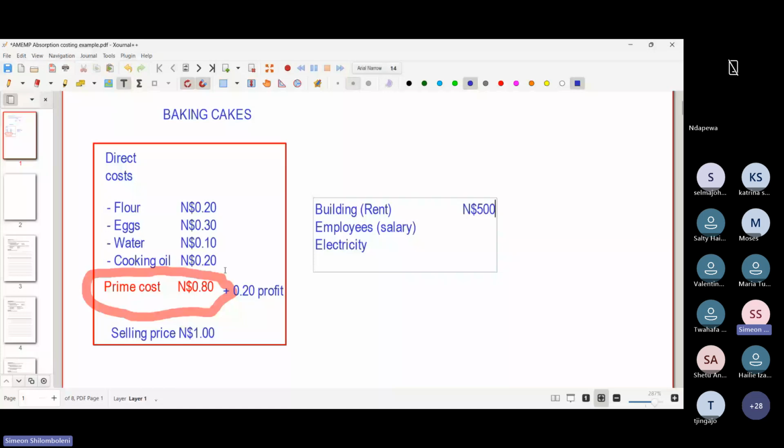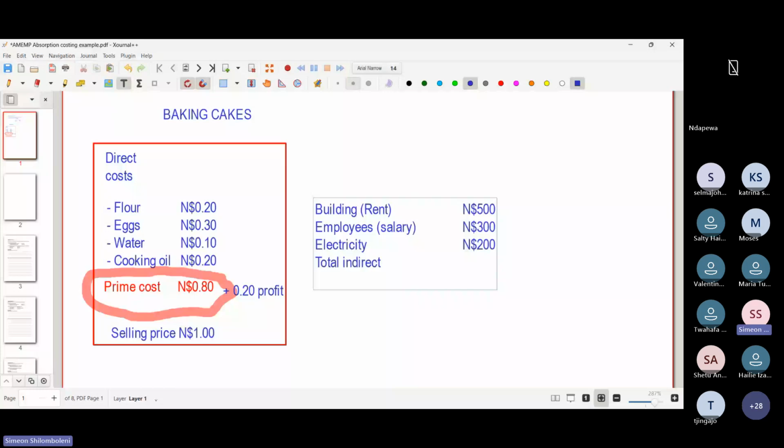The person who is helping you with the cakes, maybe you pay them 300. The electricity, maybe it's 200. So your total indirect costs, we also call them factory overheads, is therefore 1,000.